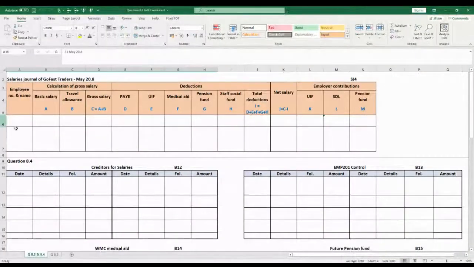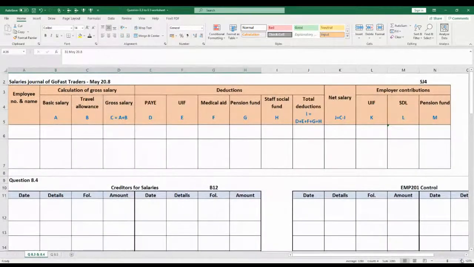Okay, so your salary journal, this is what you have to complete here at the top. This is what it would look like. If you do not have a workbook, you have a piece of paper, you can just write down what information you would complete in there.